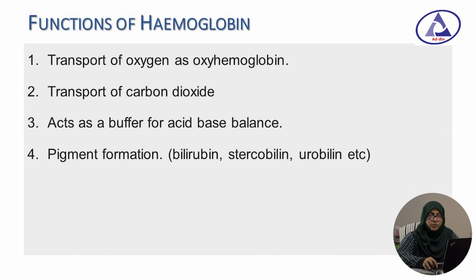Now the function of hemoglobin. The main function of hemoglobin is to carry oxygen as oxyhemoglobin and transport carbon dioxide. Hemoglobin acts as a buffer for acid-base balance and pigment formation like bilirubin, stercobilin and urobilin.